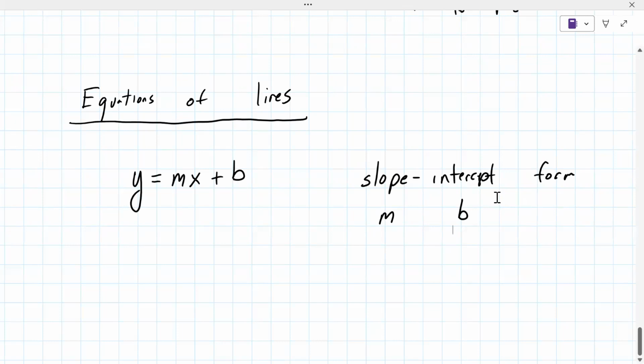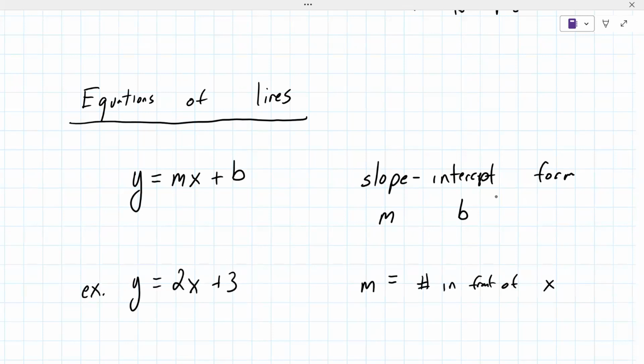Okay. So let me give you some examples of this. Let's say it's y equals 2x plus 3. The slope is always the number in front of x. Now, in front of means to the left. So what number is to the left of x? 2.